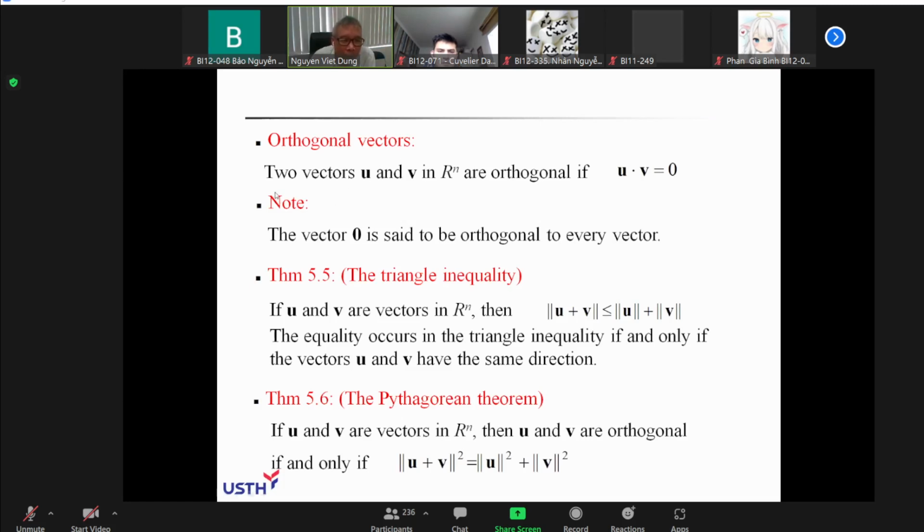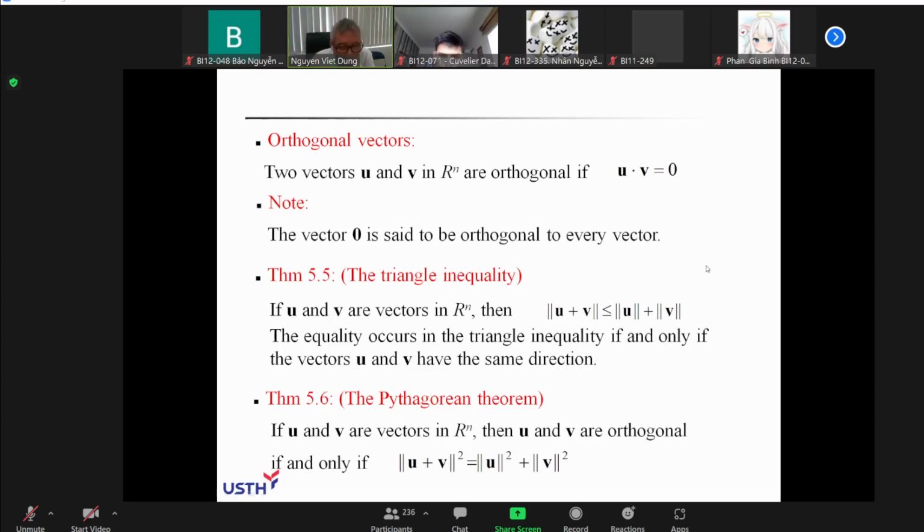First, I say that two vectors u and v will be orthogonal if the dot product equals 0. And because of that, we can consider the vector 0 orthogonal to any other vector. If we look at the geometric meaning of orthogonal, it has no meaning.